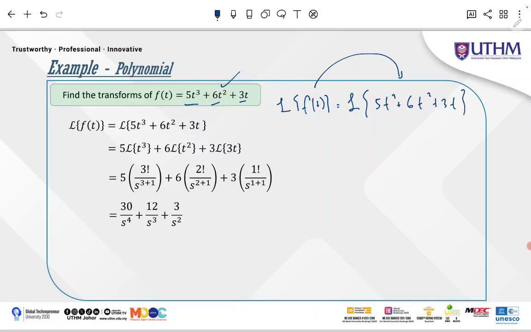And then we can split it, putting each function in its own Laplace transform like this.